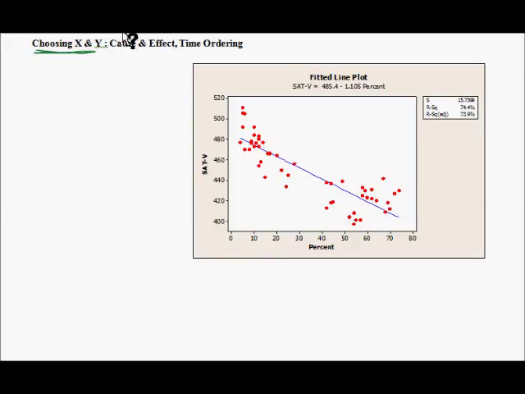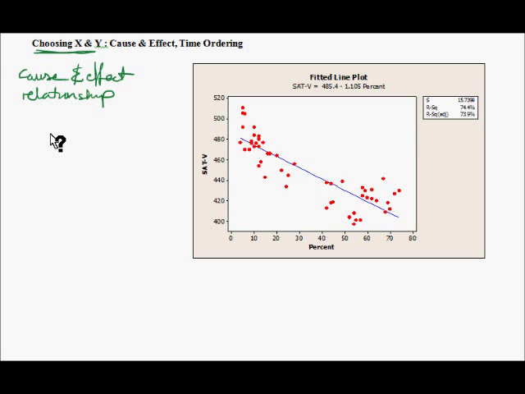The first is cause and effect. So a cause and effect relationship. What do you mean by that?